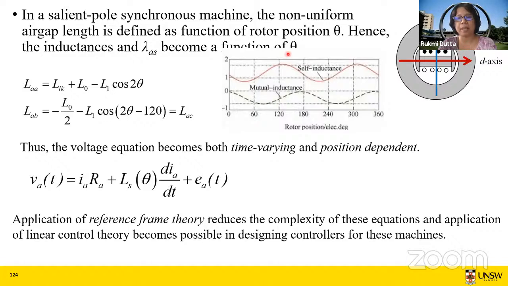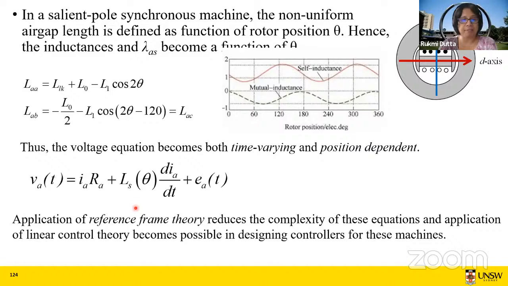That means we see 2 peaks in one cycle, or in 360 degrees. So that is a second order harmonic, which appears here as the second order harmonic in the inductance. So our self and mutual inductances are actually a function of theta.